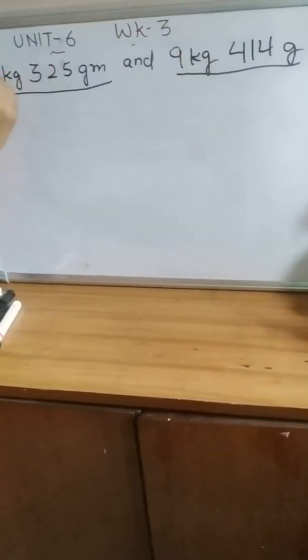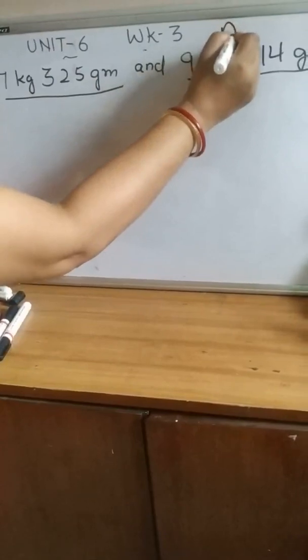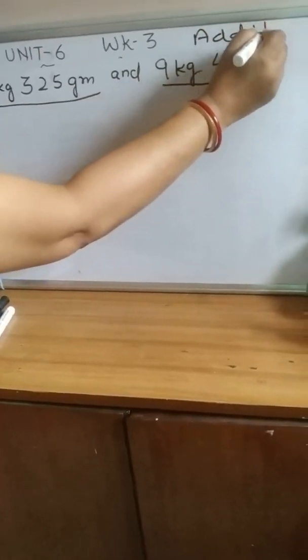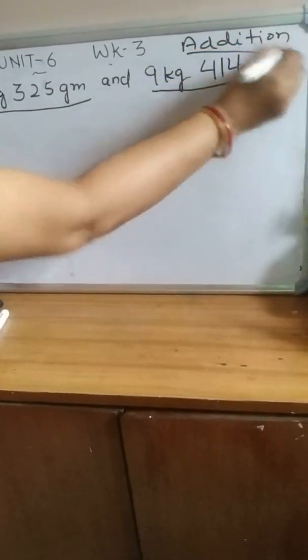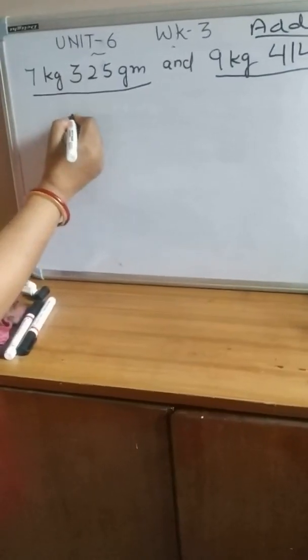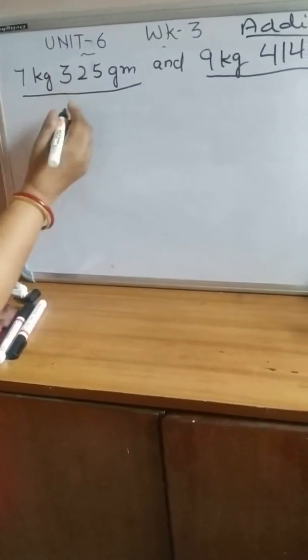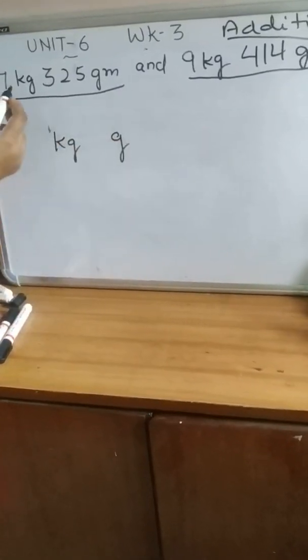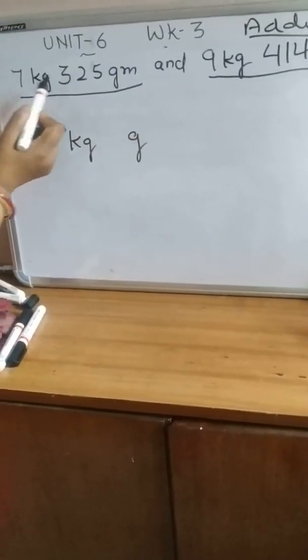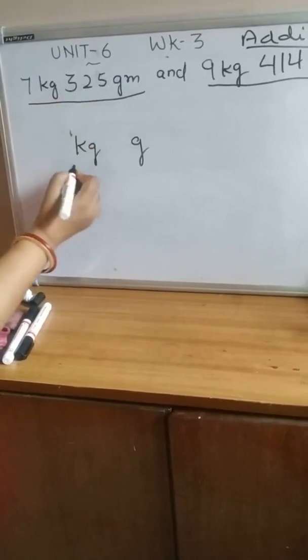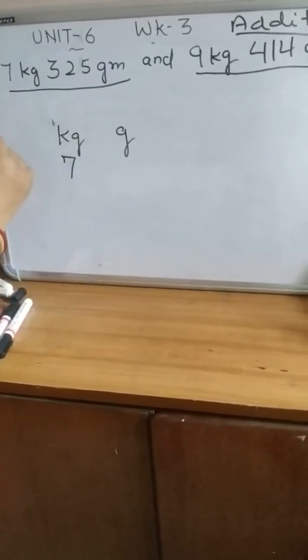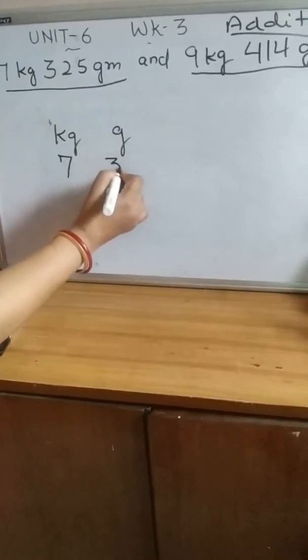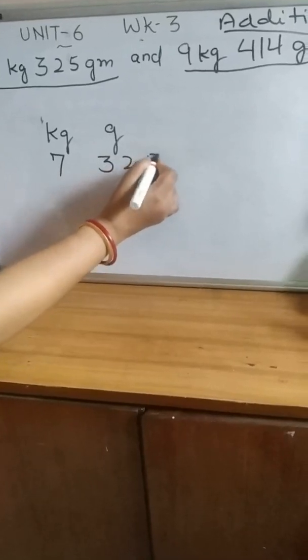So what we have to do? We have to do addition. Firstly we will make 2 columns, that is kilogram and gram. Now enter these digits. Firstly 7 kilogram 325 gram. So write 7 in the kilogram column and 325 in the gram column.